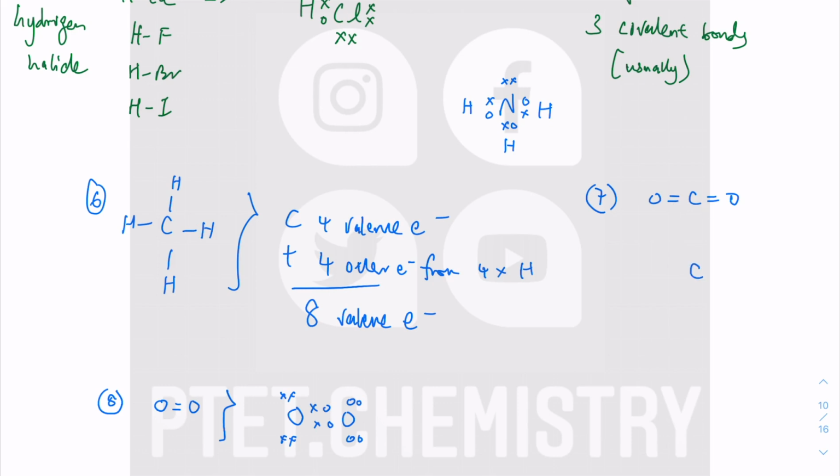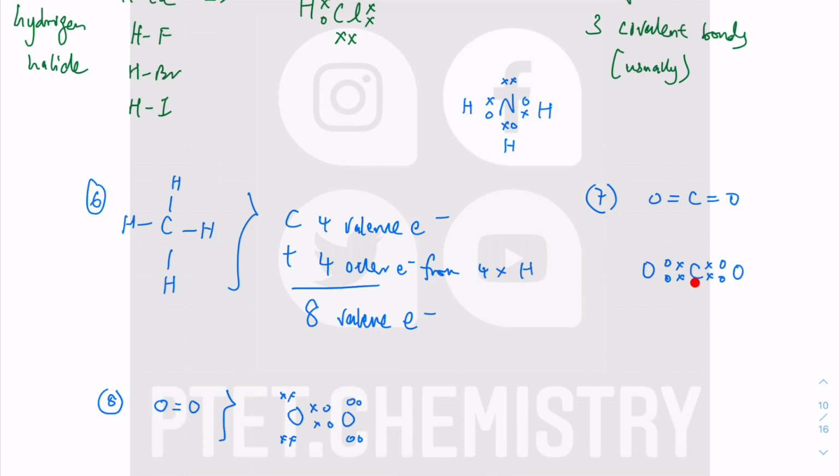So you convert that into dot and cross. If I use cross for carbon, there will be dot for oxygen, and the carbon has 4 outer shell electrons, 1, 2, 3, 4. So there are no more non-bonding electrons. Non-bonding electrons mean the electrons that are not used for bonding, essentially the valence electrons.